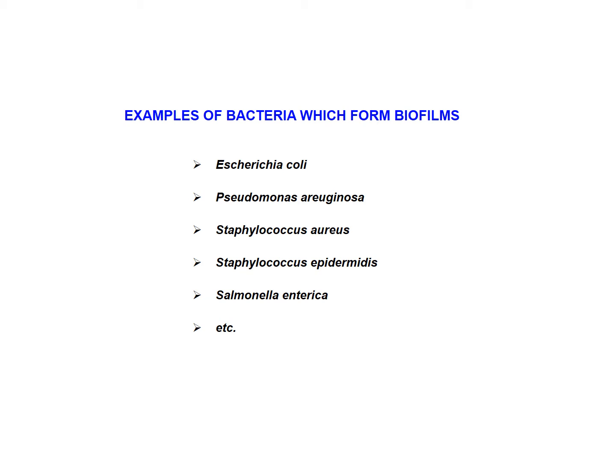Staphylococcus aureus is a microorganism which survives and is propagated in the air. Epidermidis, though, is a staphylococcus which is found on skin. Salmonella enterica, of course, is found in the gastrointestinal system, etc. This list is only giving you some examples. It does not exhaust the types of bacteria which form biofilms.